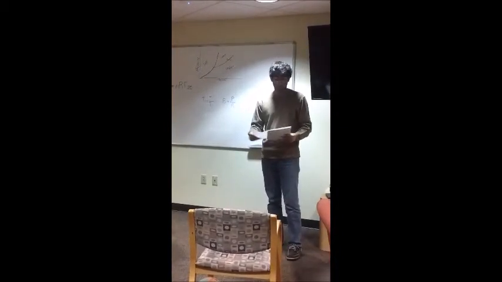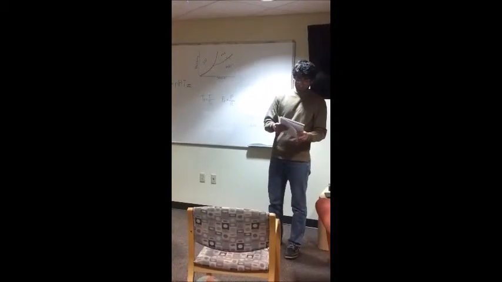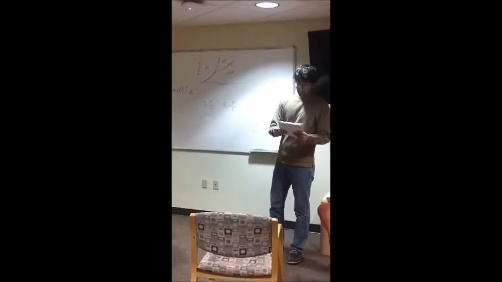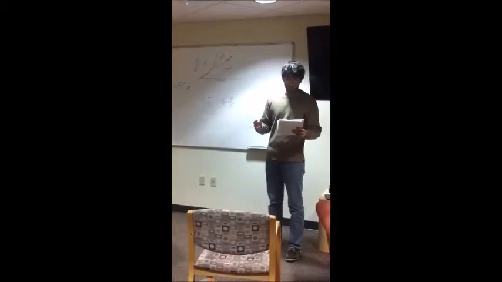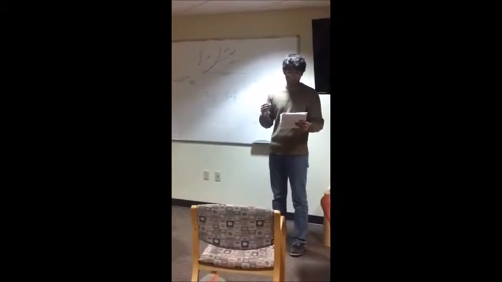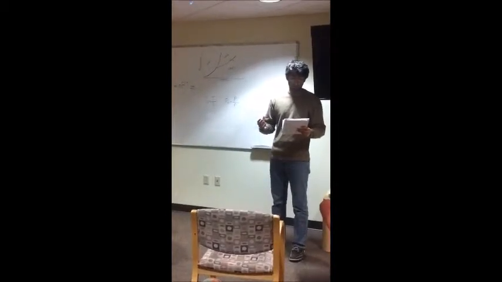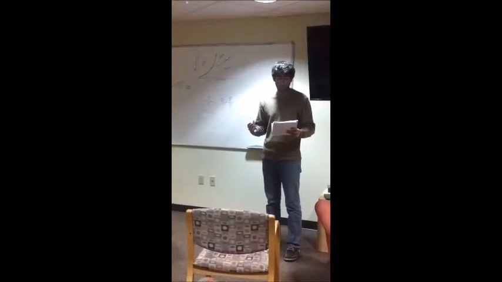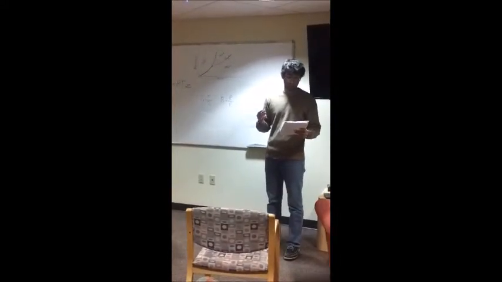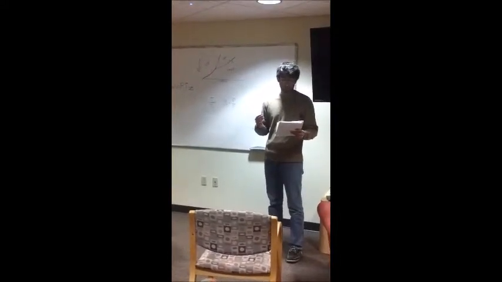Z factor. So when we have high pressure, the gases don't necessarily behave normally. So I need to put a number in my ideal gas law equation to correct for this difference in behavior.